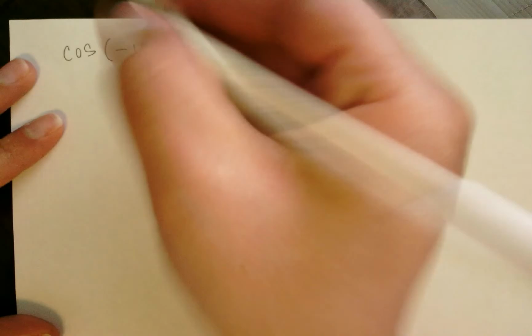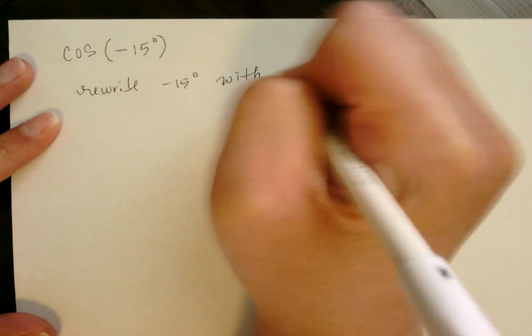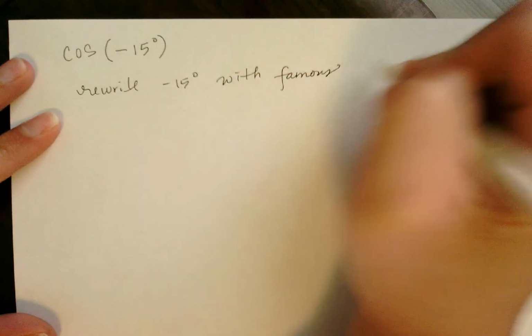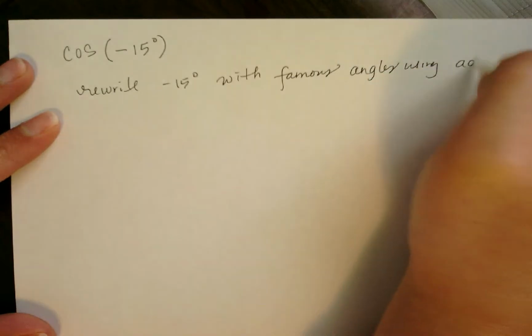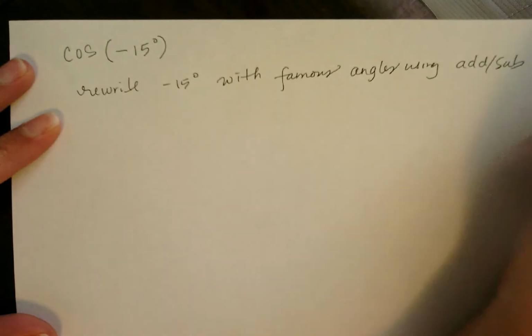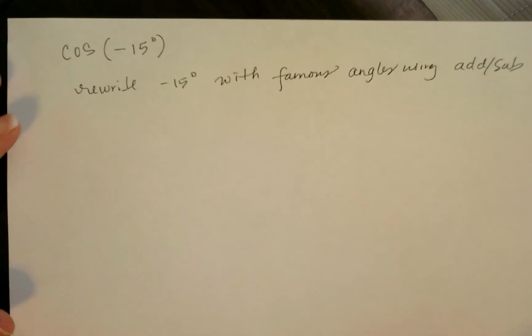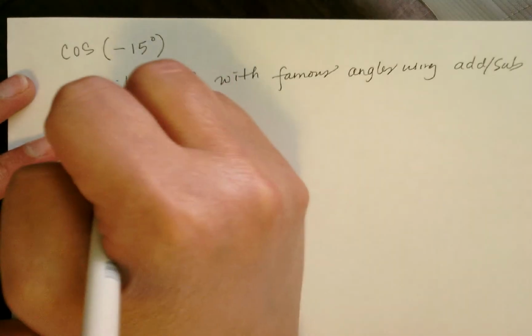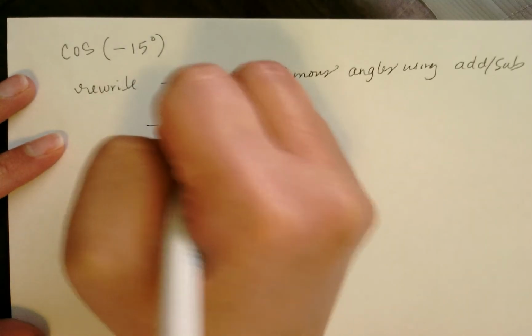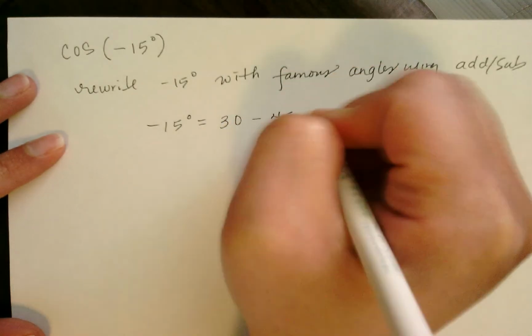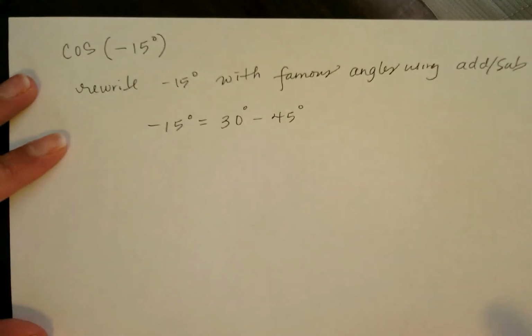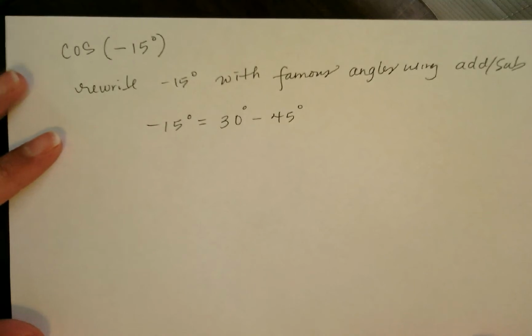So how can you rewrite negative 15 degrees with famous angles, using addition and subtraction? And somebody has shouted out, Sam, negative 15 degrees is equal to 30 degrees minus 45 degrees. Everybody cool with that?